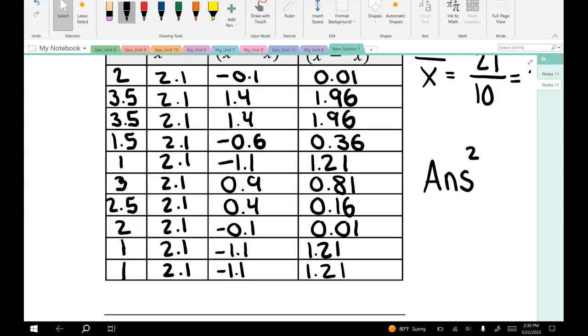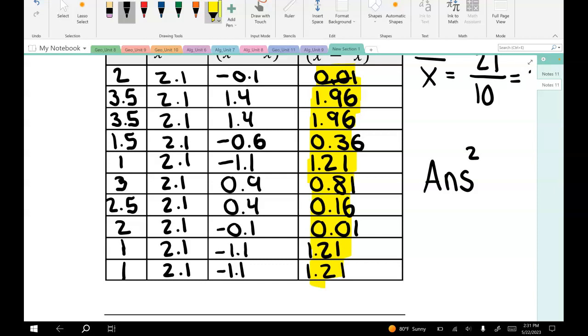Once your table is filled in, you just have 2 more things to do. You're going to find the mean of your 4th column. So everything in this column we're going to add together. So we're summing everything here together.